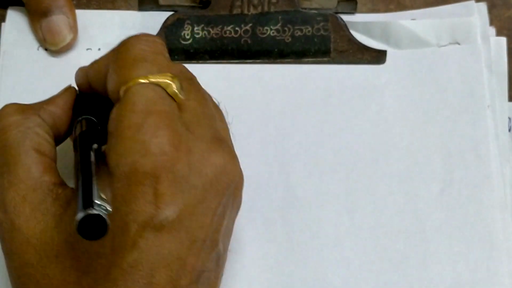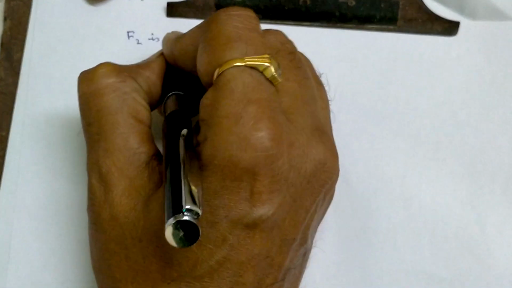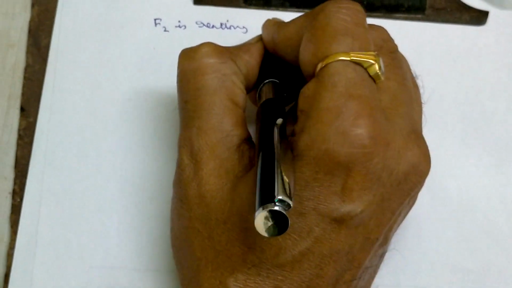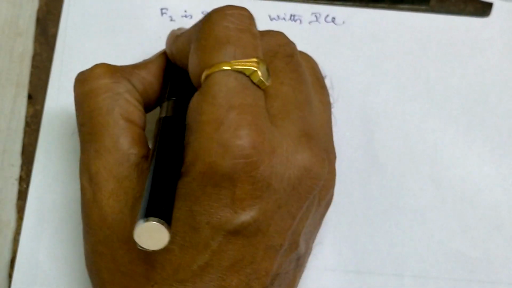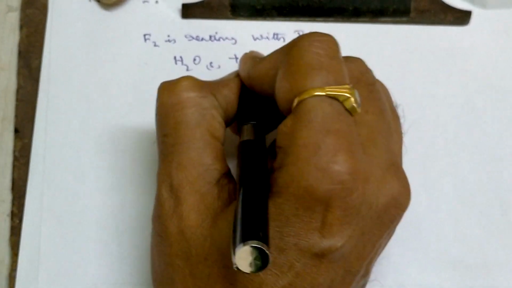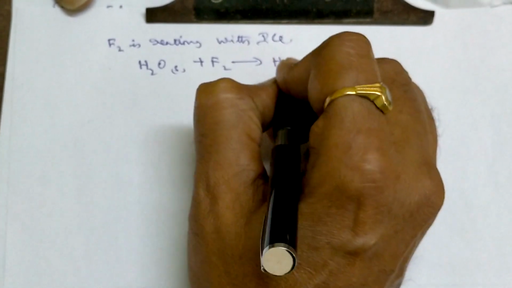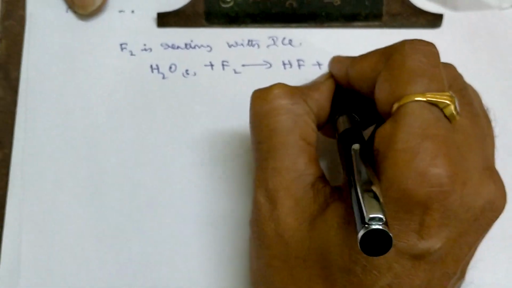One of the questions is: fluorine is reacting with ice, and the change is H2O solid reacting with F2 fluorine, giving hydrofluoric acid gas, HF, and HOF.